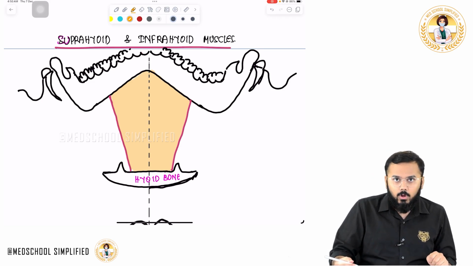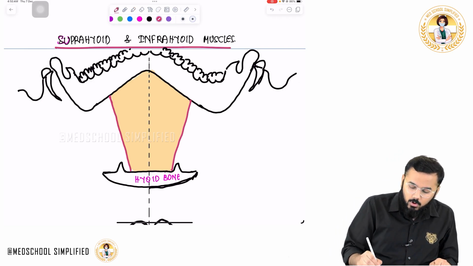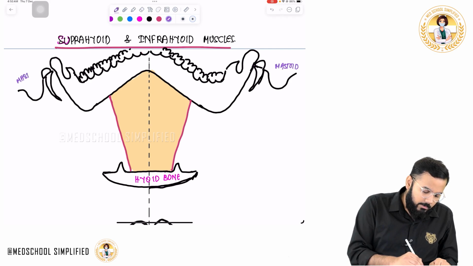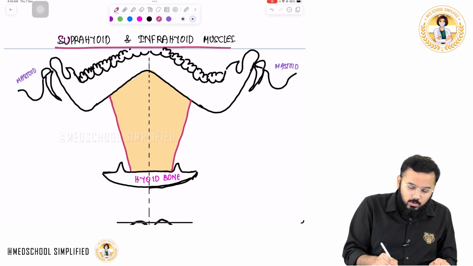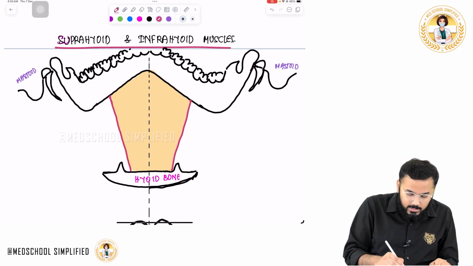Now after this mylohyoid muscle, you should know one very important thing: this bone is called your mastoid bone. See, this is called your mastoid, and this one is also called your mastoid. Now you come across one more muscle that is coming all the way down. Let me use another color.